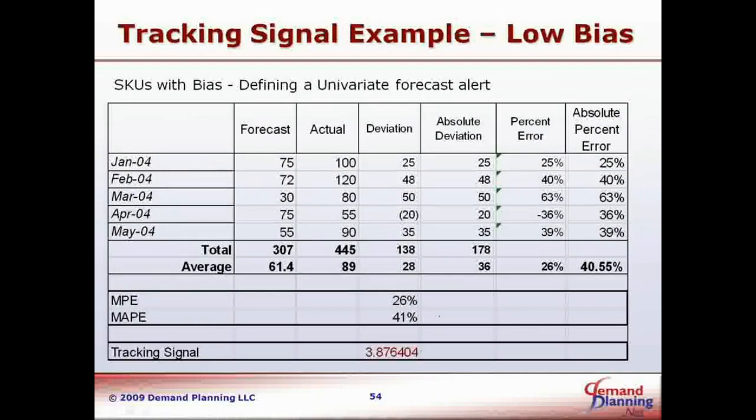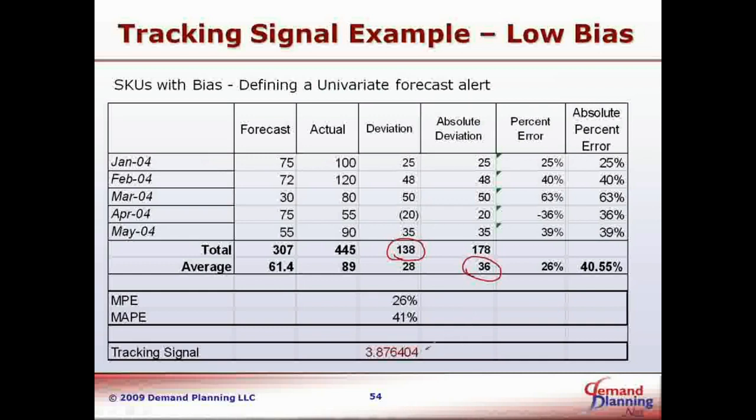On the other hand, let's say you have a similar example to what we had in the low bias alert, the same example that we had before. You calculate all of this, and in this particular case the sum of the deviations is 138, and the mean absolute deviation is 36.